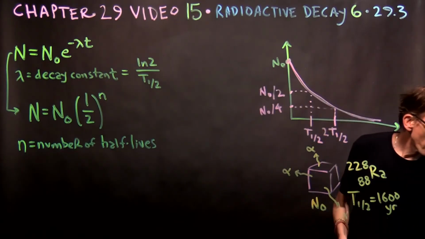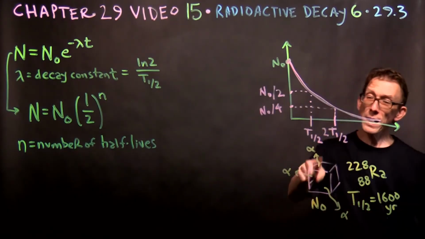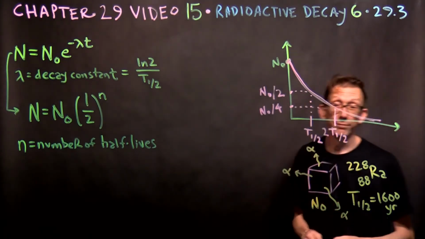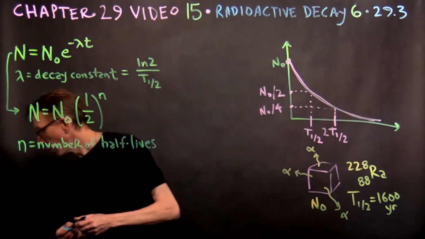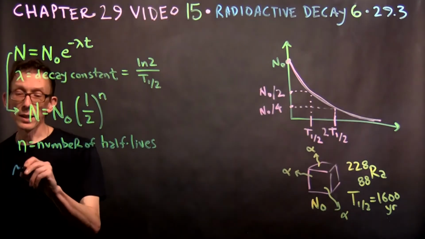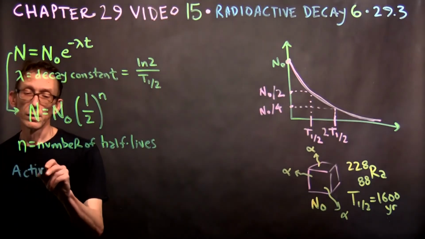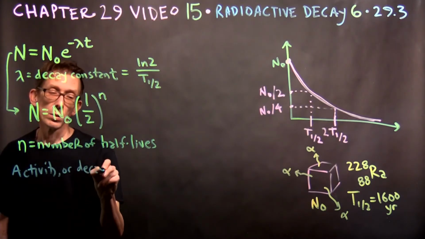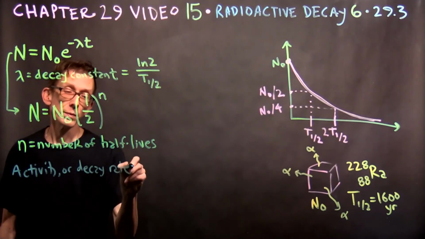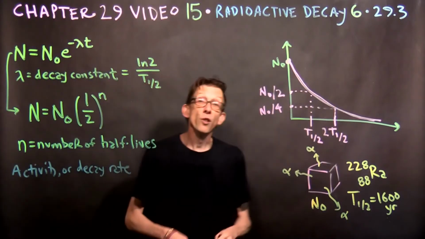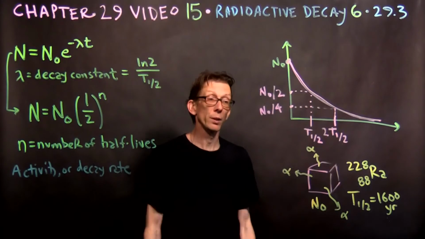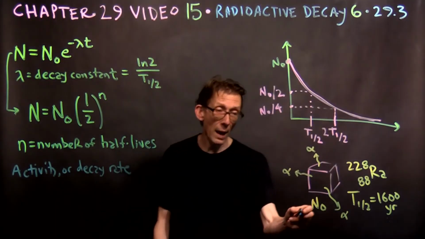And so we can ask ourselves, how many alpha particles per second do we get? That is known as the activity or decay rate, the number of decays per second. So we have a certain sample here. Start off with N0, whatever that happens to be.